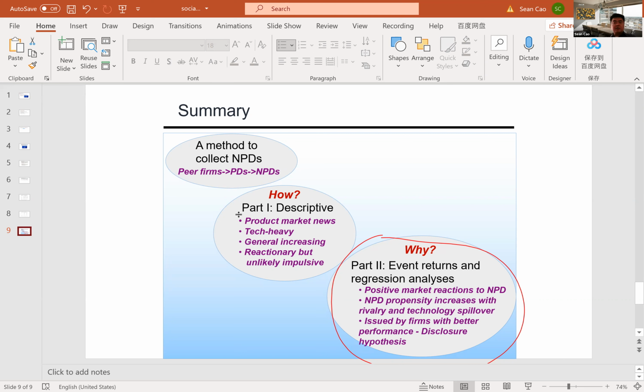So this is the example we talked about using Twitter. We use Twitter to analyze the information to help investors and managers understand the why part and the consequence part. And we see a positive market reaction.